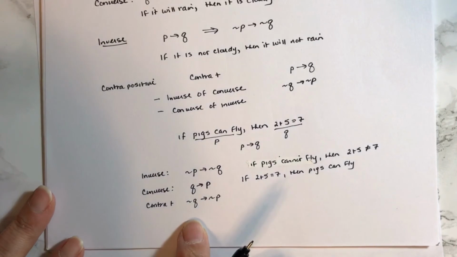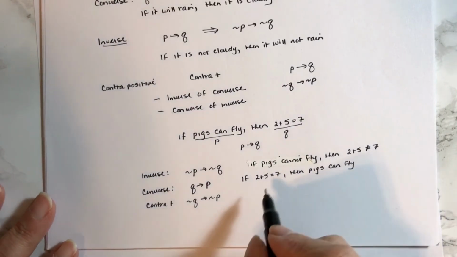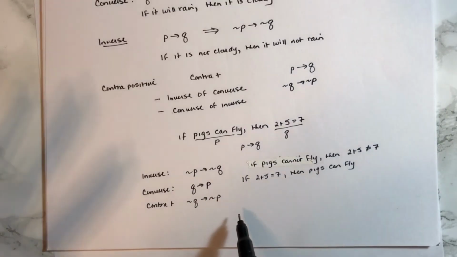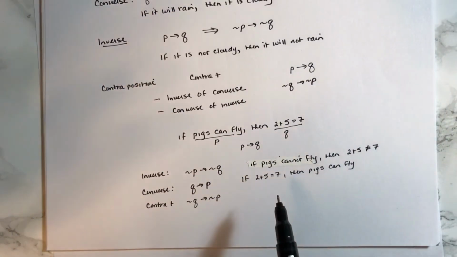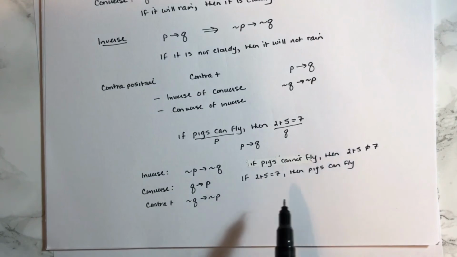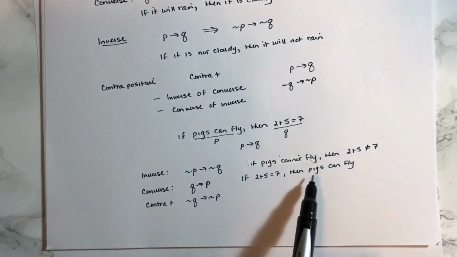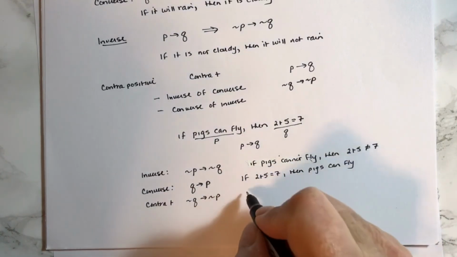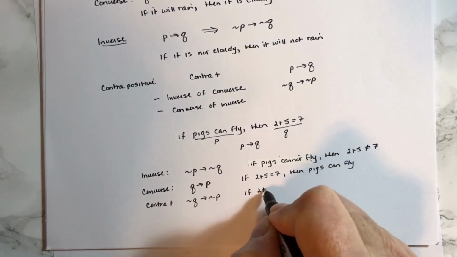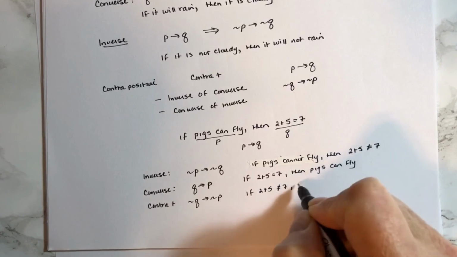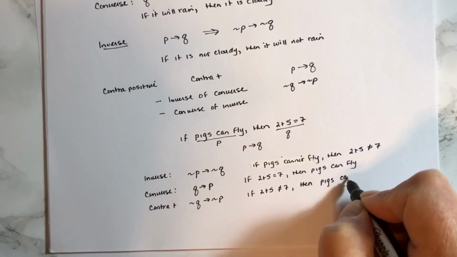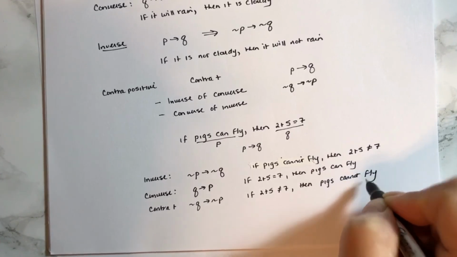So this is why I often like to take the converse first, but again, you can do it any way you want, whatever you're comfortable with. I've already got it in Q to P form, so now all I have to do is add the word not in each part, right? So if 2 plus 5 does not equal 7, then pigs cannot fly.